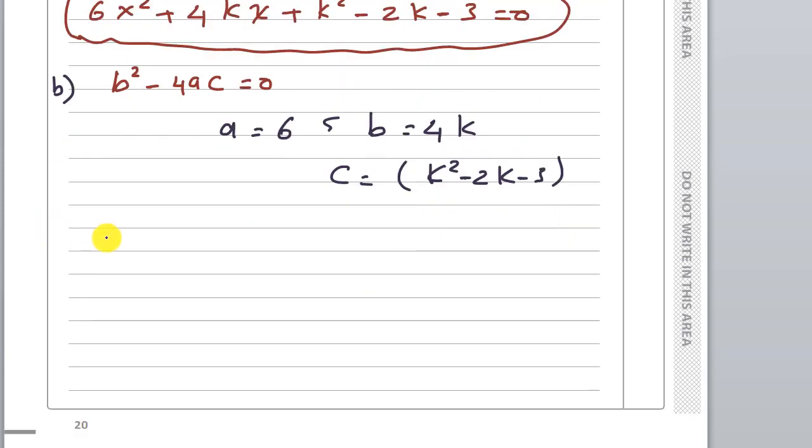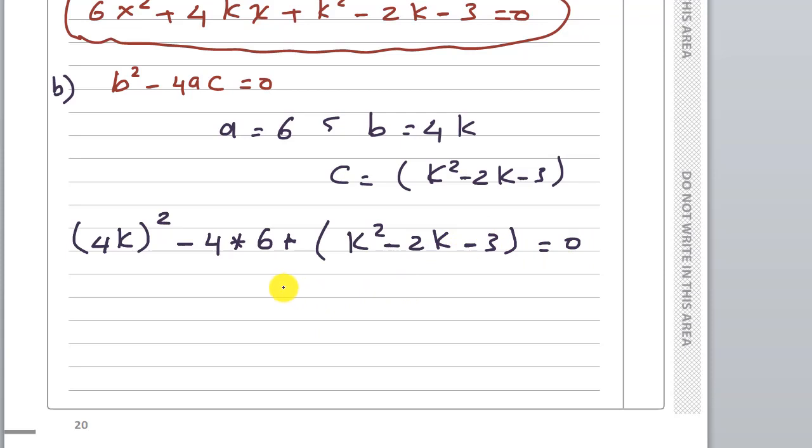So it means that if the line is tangent, 4k squared minus 4 multiplied by 6 multiplied by k squared minus 2k minus 3 equal to 0. So 16k squared minus 24 multiplied by k squared minus 2k minus 3 is equal to 0.